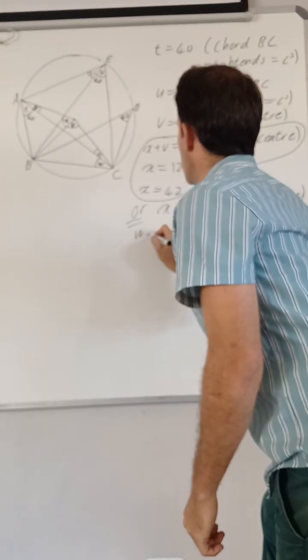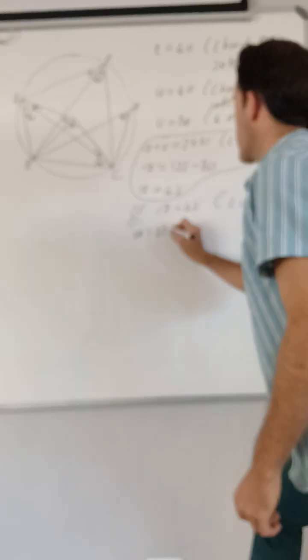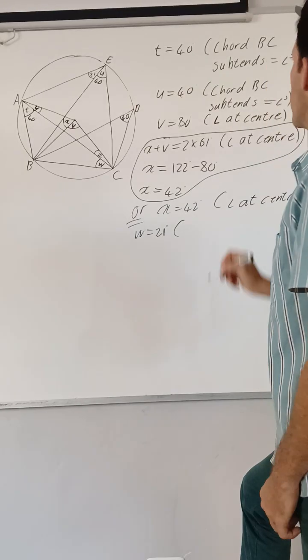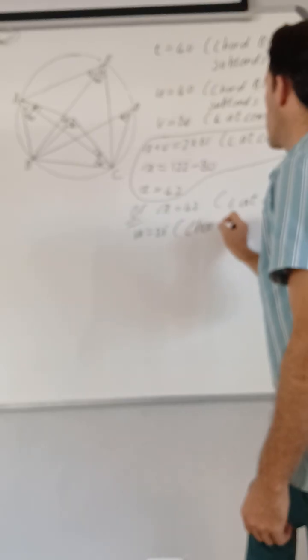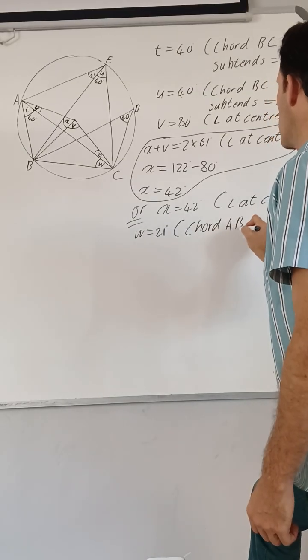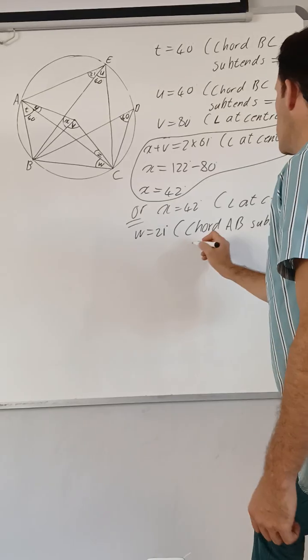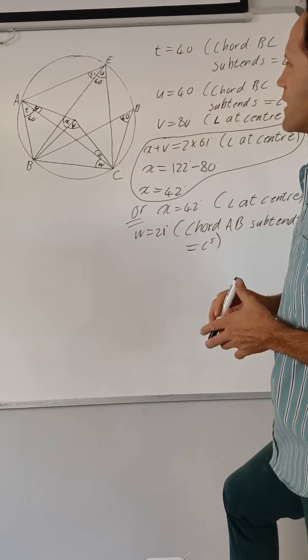Okay, so W equal to 21, and then again our reason, the same as B and C, but now it's chord AB subtends equal angles.